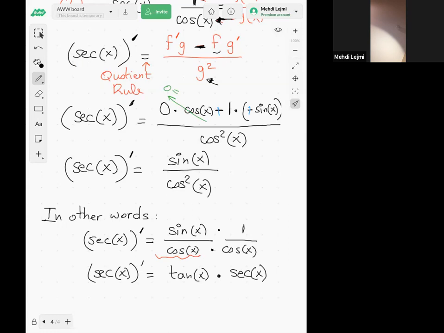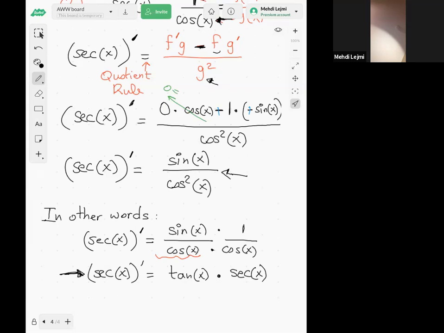So that's another way to express it: the derivative of secant of x is tangent times secant of x. But again, guys, it's up to you. You can use sine over cosine squared, or tangent times secant of x.